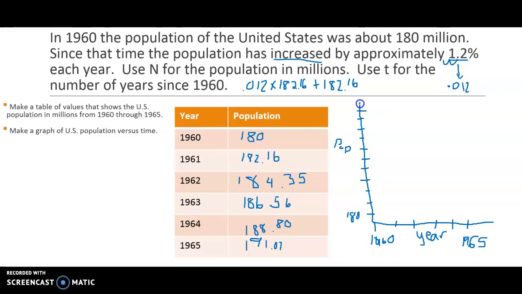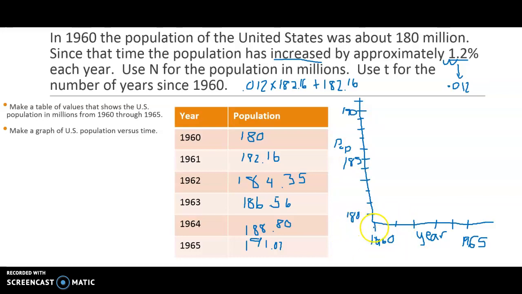Need to go a little higher. 91. So 1, 2, 3, 4, 5. This would be 185 million. This would be 190 million. So we just want to use an even scale, although we do not have to start an algebraic graph at 0.